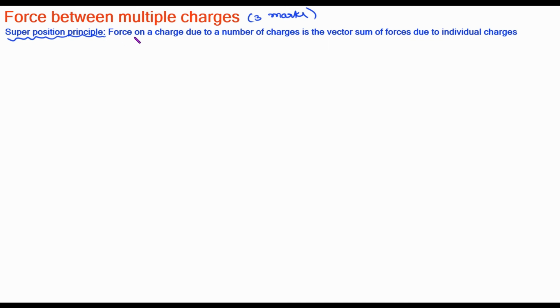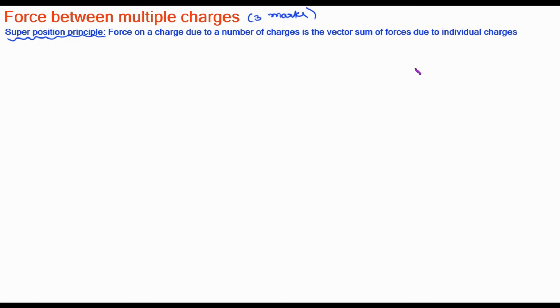It states the force on a charge due to a number of charges is the vector sum of forces due to individual charges. Suppose there is a system of charges.